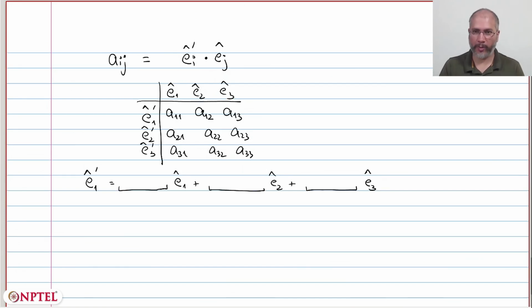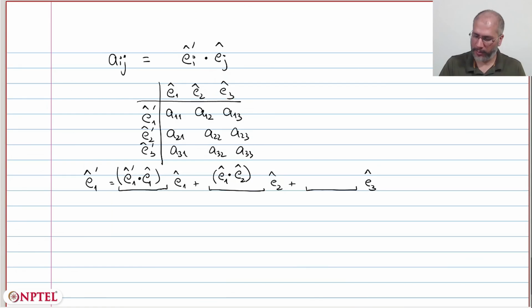You know that if you want to find the component of a vector in a given direction, all you have to do is simply take a dot product between that vector and the direction in which you want to find the component. So the component of e1 prime in e1 direction is simply e1 prime dotted with an e1. Similarly, the component of e1 prime in e2 direction is simply e1 prime dotted with e2.